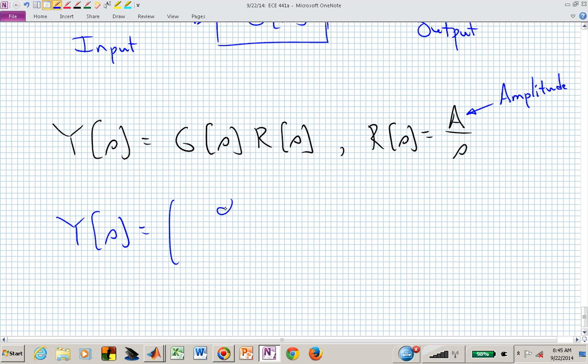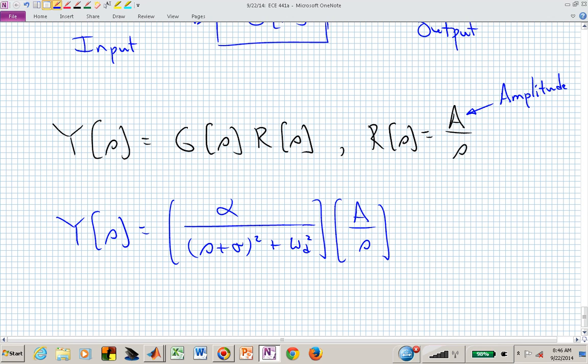If we put this all together in our parameterized form, Y of s is now G of s, which we could write many different ways. It's alpha over (s plus sigma) squared plus omega sub d squared, times R, which is A over s. Now, that's a little bit messy maybe in terms of parameterization.